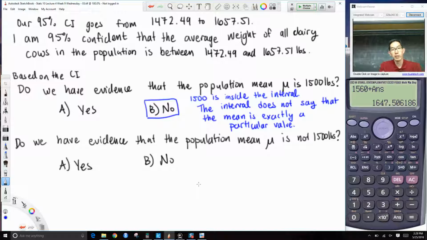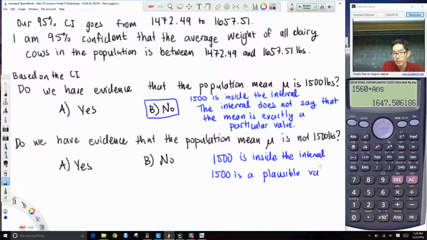Do we have evidence that the population mean mu is not 1,500 pounds? Again, 1,500 is inside the interval, so 1,500 is a plausible value for mu.